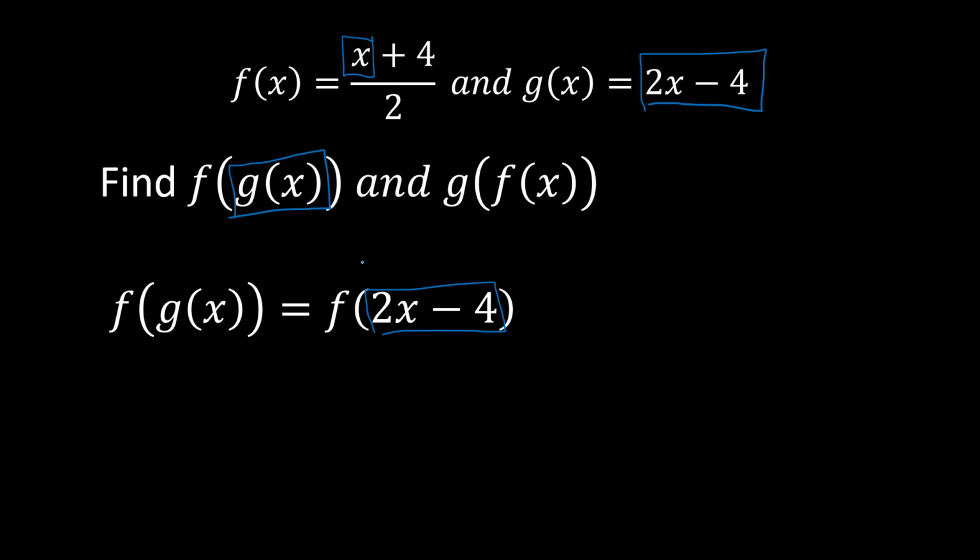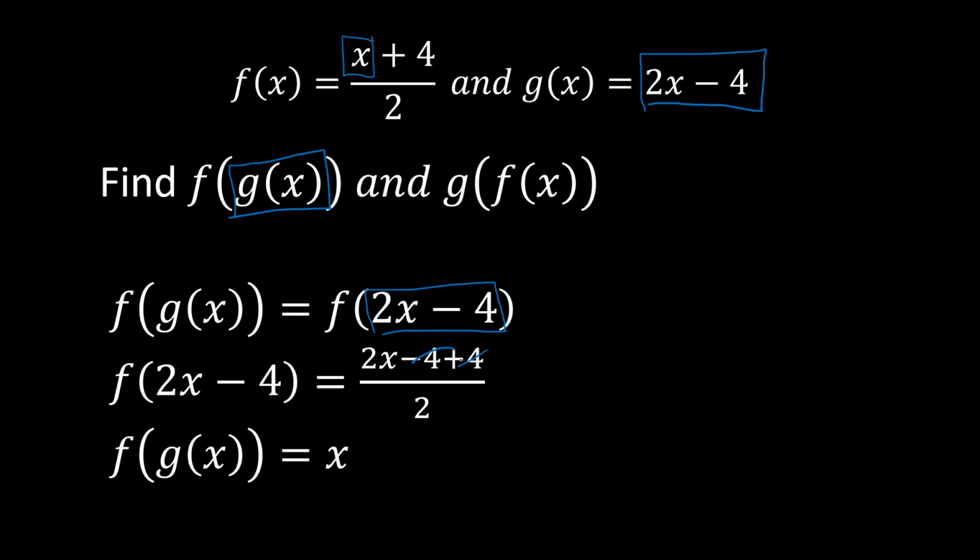So what we have is 2x minus 4 plus 4 over 2. Well, the minus 4 and plus 4 would cancel. So I have just 2x over 2, and 2x over 2 you can divide and get x remaining. So f of g of x, the composition of those two functions, equals x.